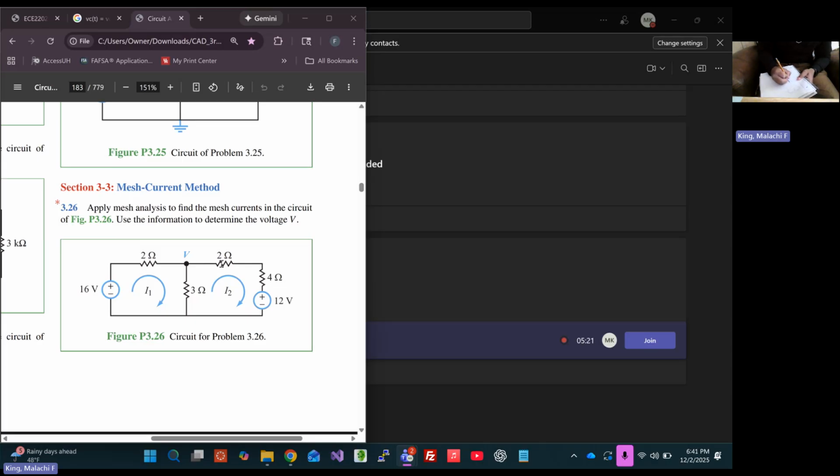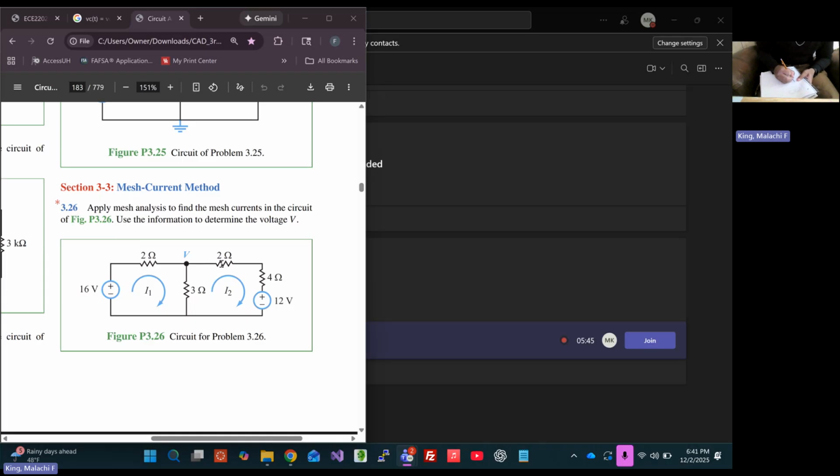I2 is positive this time, so I1 is negative, so minus I1, plus 2 ohms times only I2, plus 4 ohms times I2. And then we're going in from the positive side of the voltage, so it's plus 12 volts equals 0.